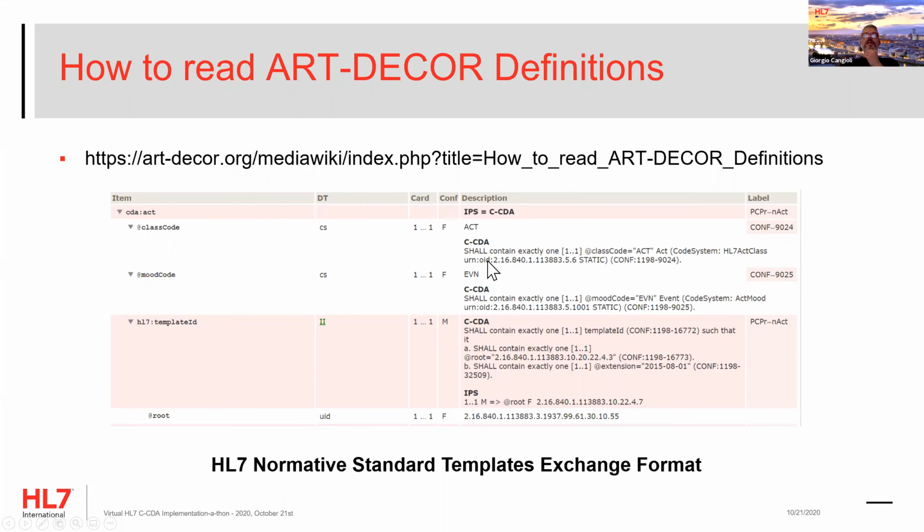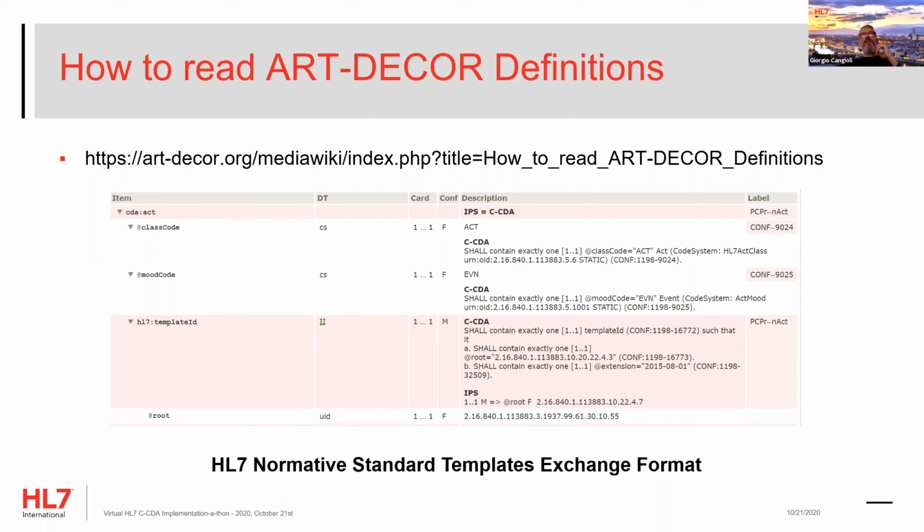And what I try to do is to make explicit what the C-CDA says and what the IPS says for each of these elements. And this is what you'll see in the templates that I will show you later on.